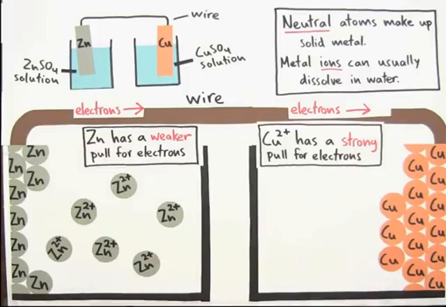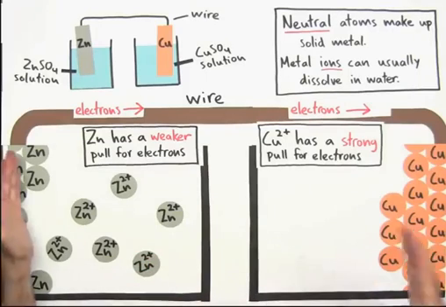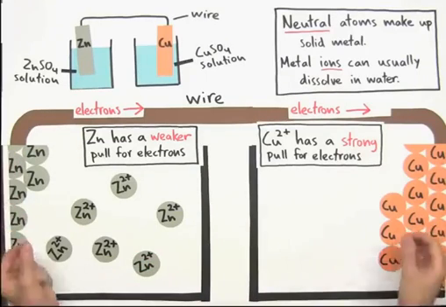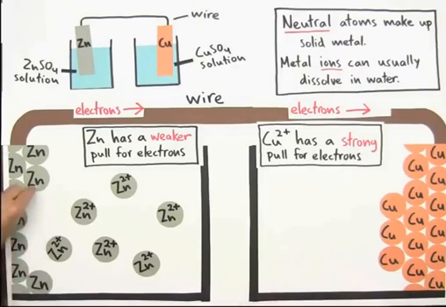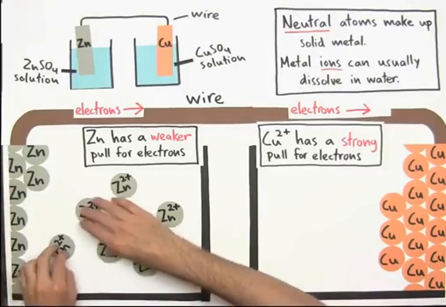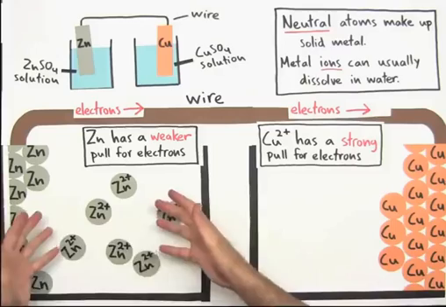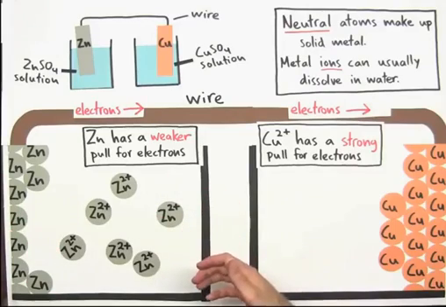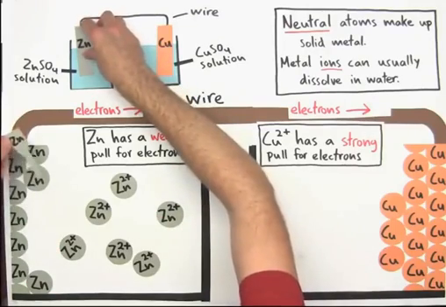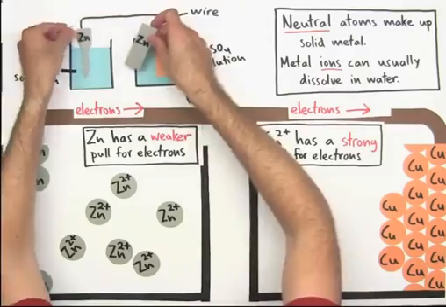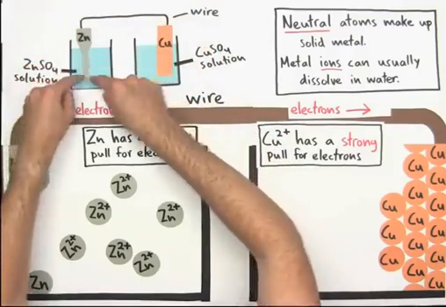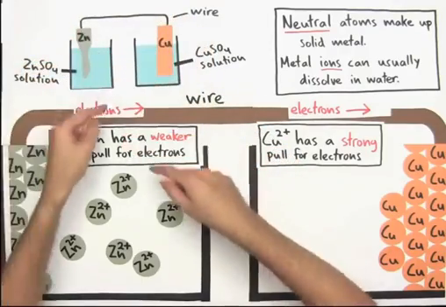And if this happens long enough, we actually see these 2 pieces of metal change, right? Like these zinc atoms keep coming off of this piece of zinc, so it's essentially dissolving. And over time, what we'll see is that this piece of zinc actually starts to dissolve. It gets smaller and smaller.